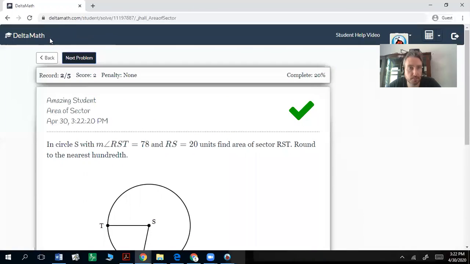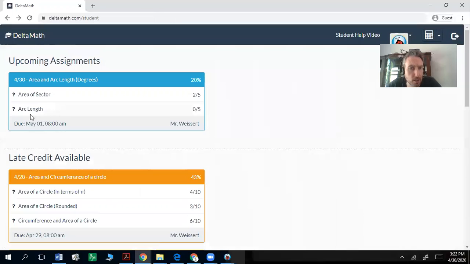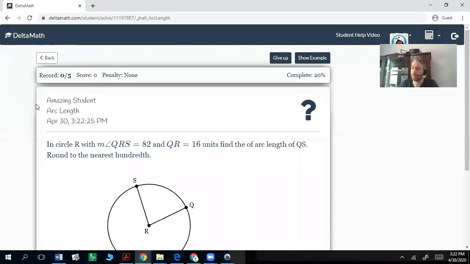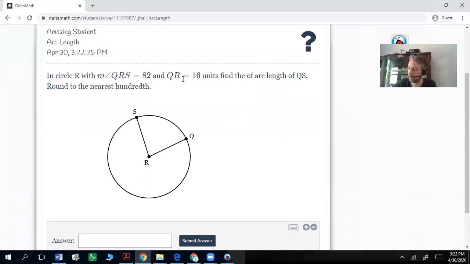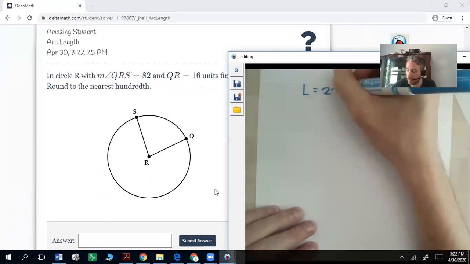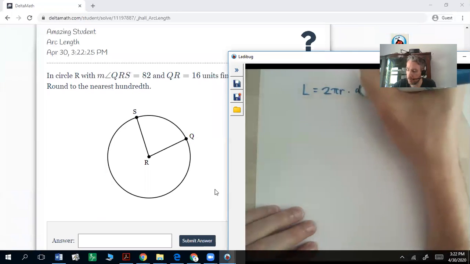Very nice. All right, let's go to arc length. Let's do a couple of those. Arc length follows a similar formula. L equals 2 pi r. 2 pi r stands for the circumference. 2 pi r times the degree over 360.